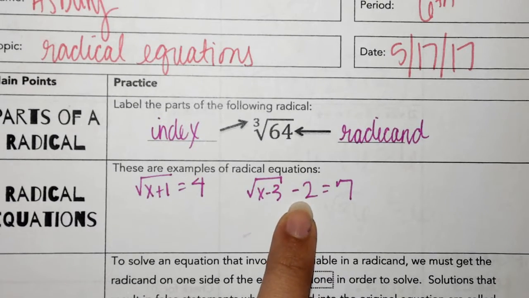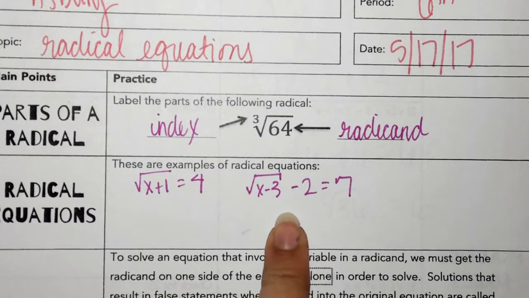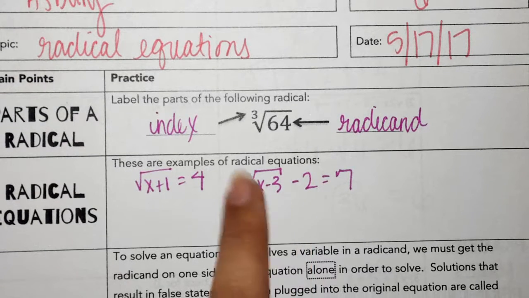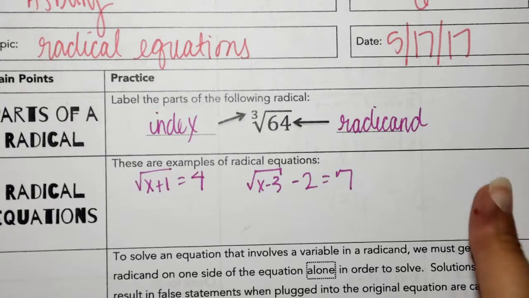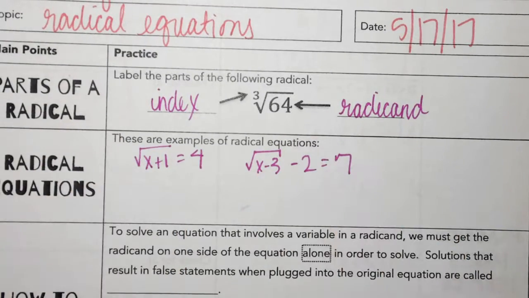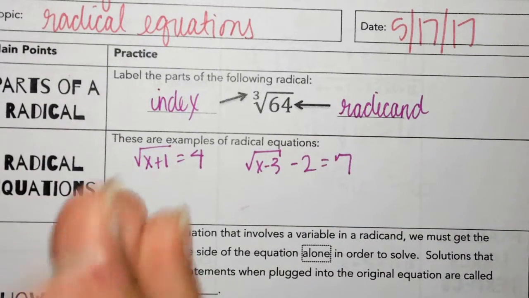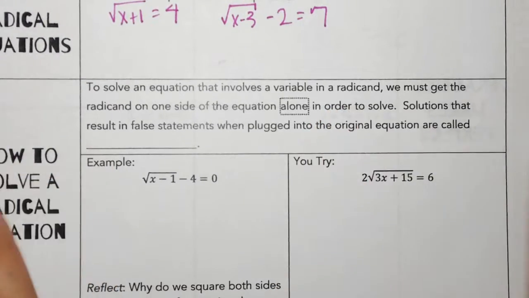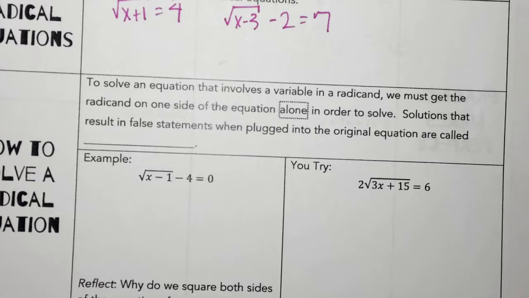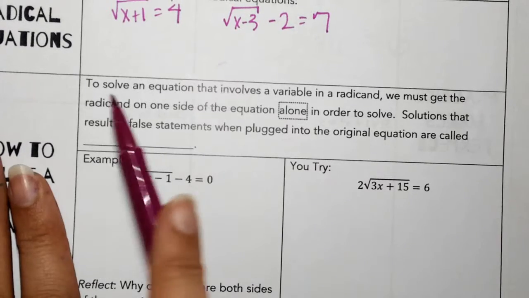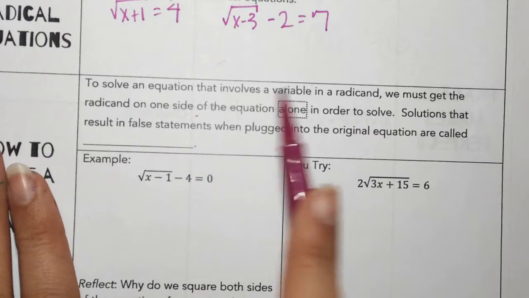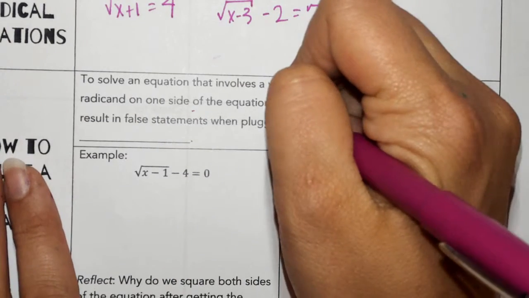You would add. If it was a fraction, what's the opposite? Multiplication. So to get rid of a radical, you have to square both sides. The opposite of the square root is to square it. Now, you're sometimes going to have 2 answers, but you're always going to have at least one. To solve an equation that involves a variable and a radicand, we must get the radicand on one side of the equation alone.